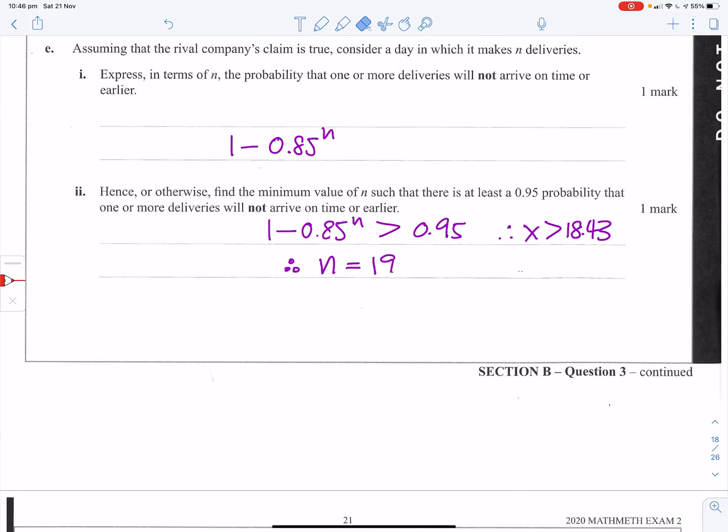So they've got to deliver at least 19 times for the probability to be at least 95% that one or more deliveries will not arrive on time or earlier. And because it's a minimum, we've got to round up.